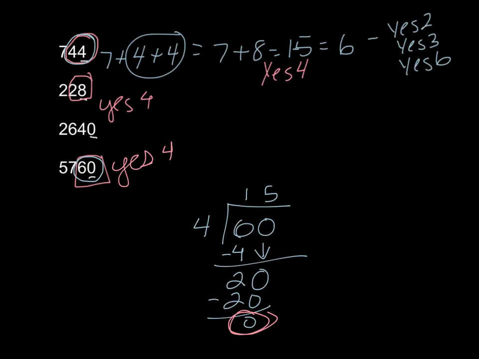You can also use some shortcut division strategies too, like we learned a little bit last year for those of you who are in my last year's math class. If we use the shorthand of this one, we have 4 and 60. We're dividing it. 4 goes into 6 one time still, and we're left with the remainder of 2.